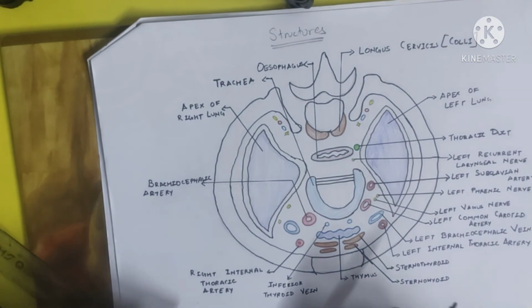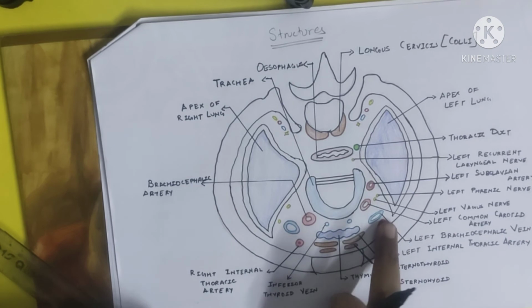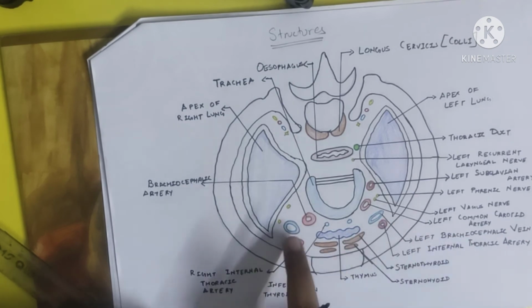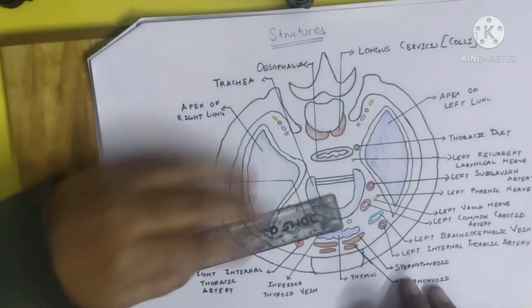Okay, now we have a vein on the left side and on the right side. If the left one is your left brachiocephalic vein, the right one is your right brachiocephalic vein. These are complementary structures to each other.